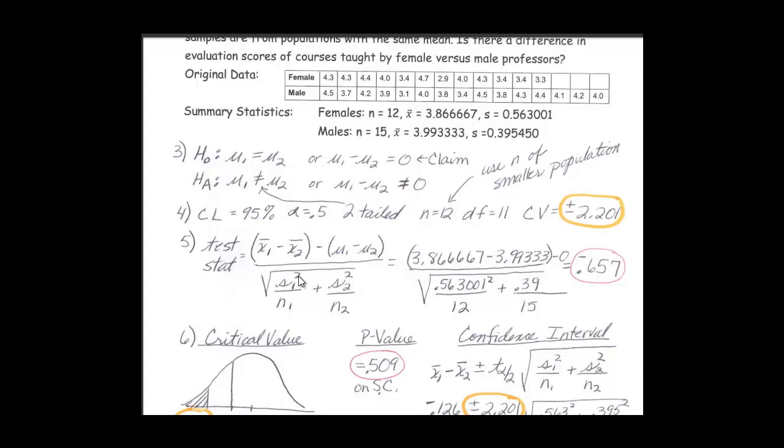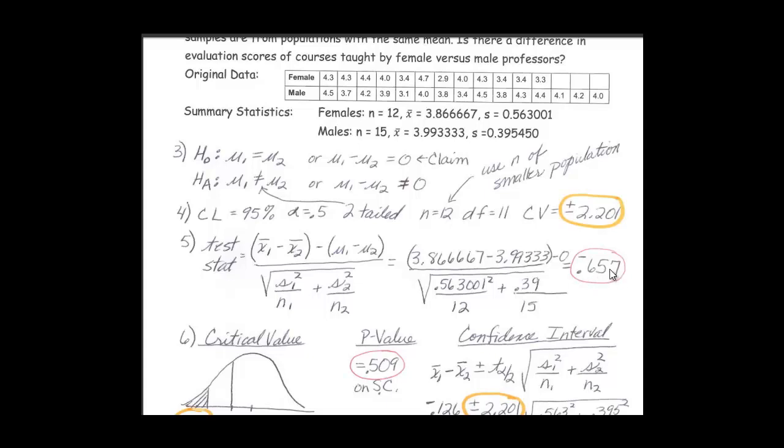Our standard deviation squared for the females here, standard deviation squared for the males here, and I forgot to put a square on there, so I need you to definitely put a square on that 0.39. The sample size for females was 12, sample size for males was 15. So that's when we plug all of that in. We came up with a t-test statistic of negative 0.657.